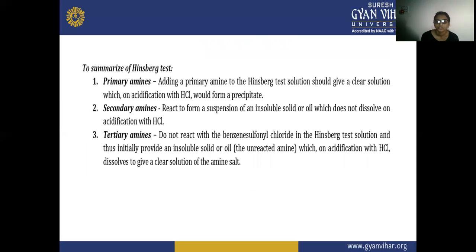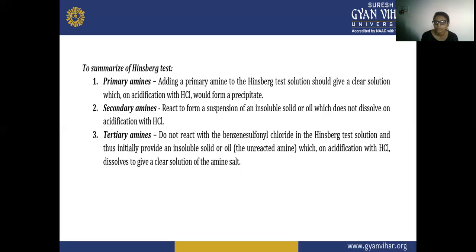So to summarize the Hinsberg test for the primary amine, when we are adding a primary amine to the Hinsberg test solution, there is a clear solution, which on acidification with HCl would form a precipitate. So in case of the primary amine, a precipitate is formed after the acidification with the HCl.